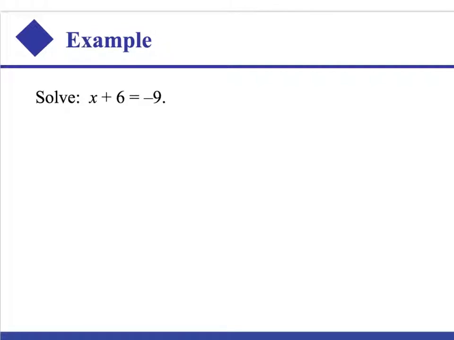You want to get the x completely by itself, so you're going to subtract 6 from both sides. If you have a positive 6 and you take 6 away, that gives you 0, but you do that to the other side. So now we have x equals negative 9 minus 6, which gives you negative 15.